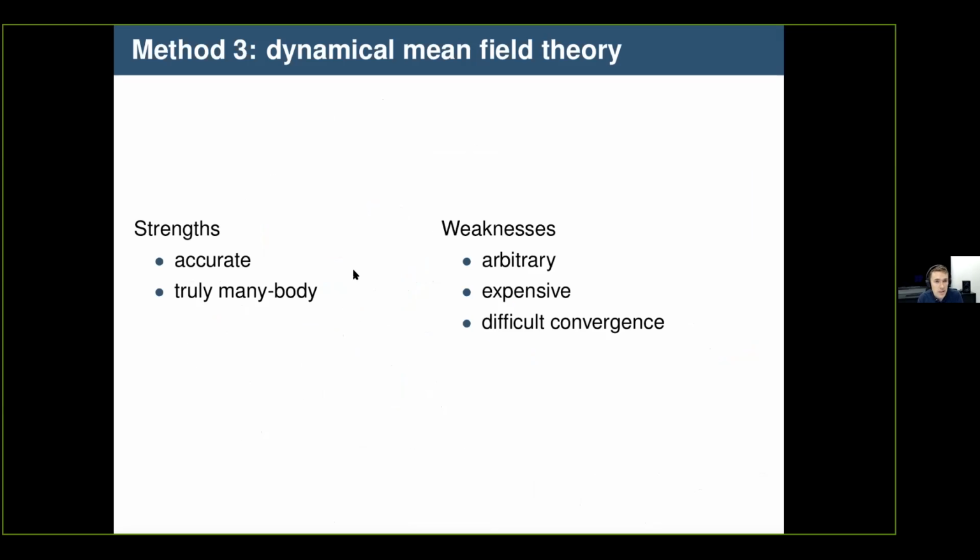However, of course, this is a much more expensive method compared to the previous two that I've presented, and getting it to converge can be a downright pain. But it definitely has its use cases.